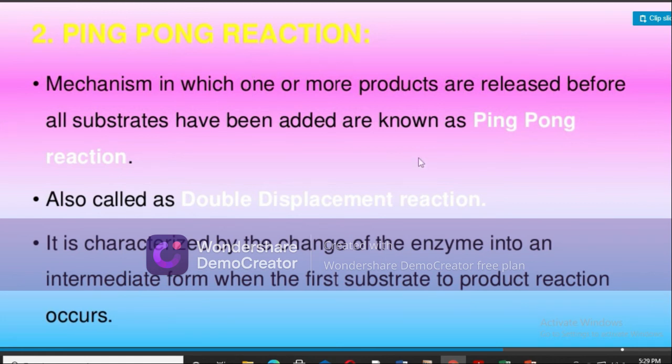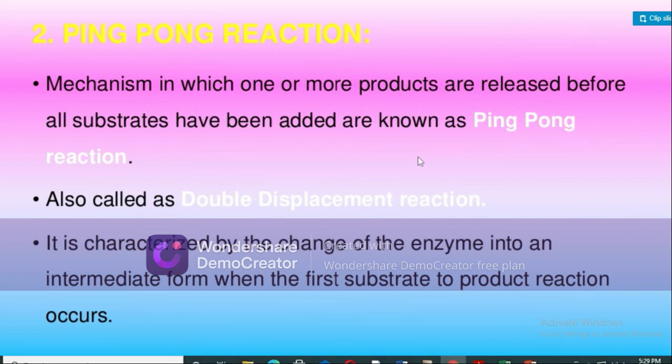Then the next one is the ping-pong reaction mechanism. The ping-pong mechanism is one in which one or more products are released before all substrates have been added. It means that if the first substrate, A, binds, it must be catalyzed to product before the next substrate binds to it.